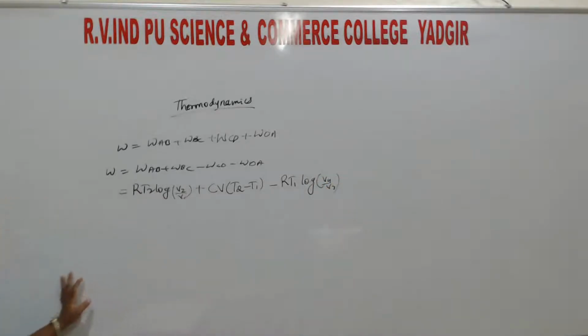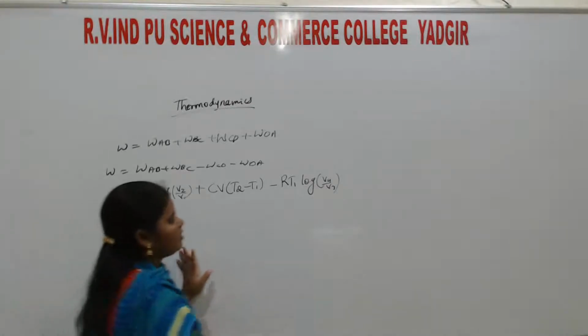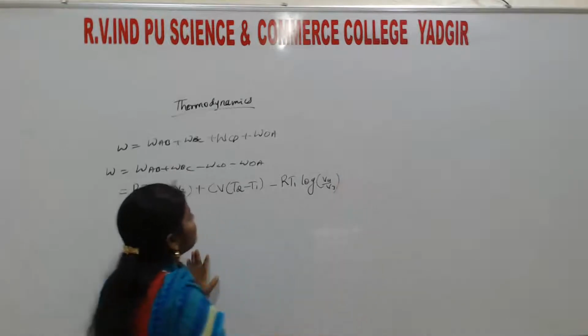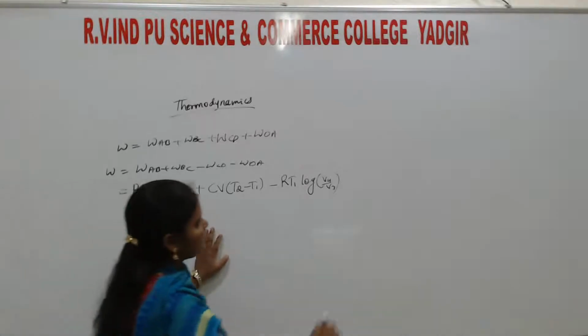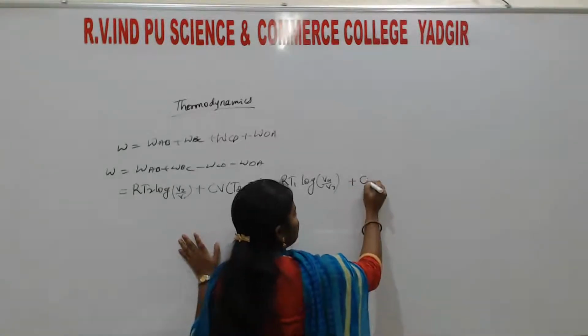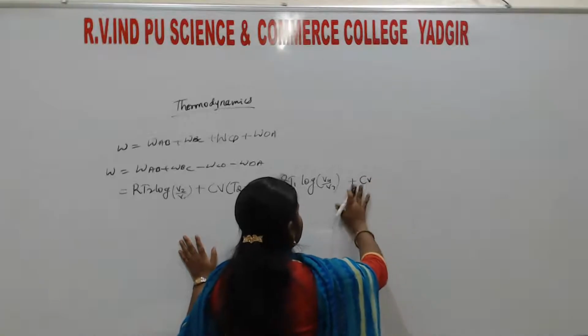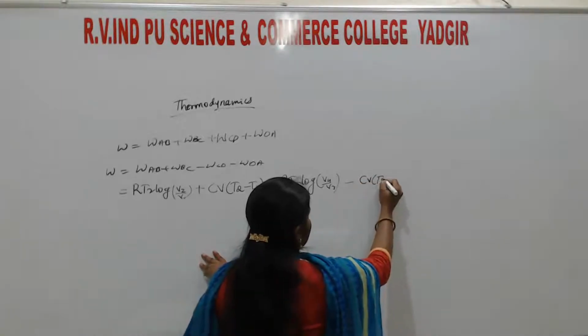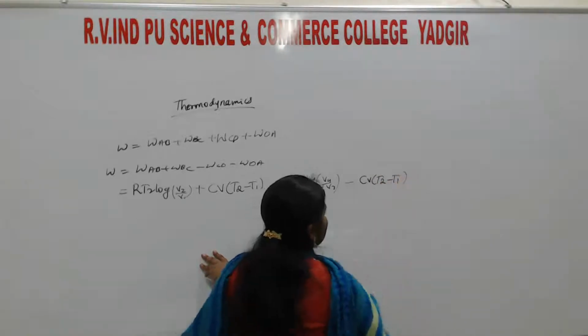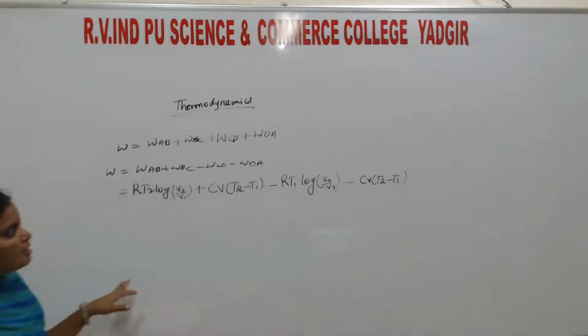Plus CV T1 minus, this minus WDA, you get plus CV into T2 minus T1, minus CV T2 minus T1.